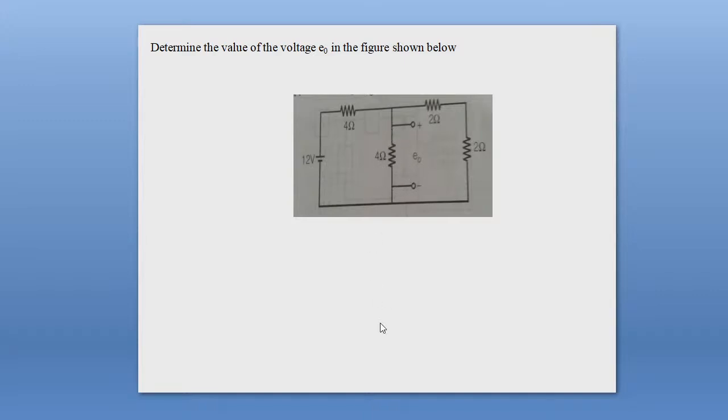So if you use KCL, then you see the 12 volt supply voltage, and a 4 ohm resistance is connected in series with this 12 volt. So this current will be divided into two parts, this and that. If you consider I1 and I2, then this current I is the sum of I1 and I2. So you just use KCL and solve this problem.